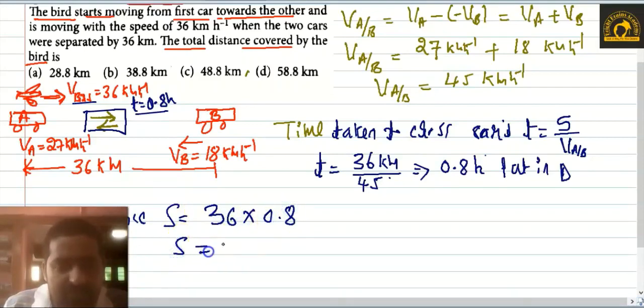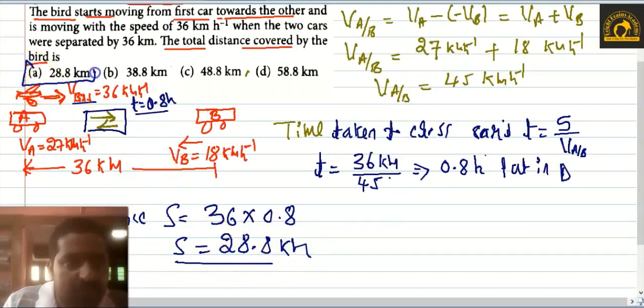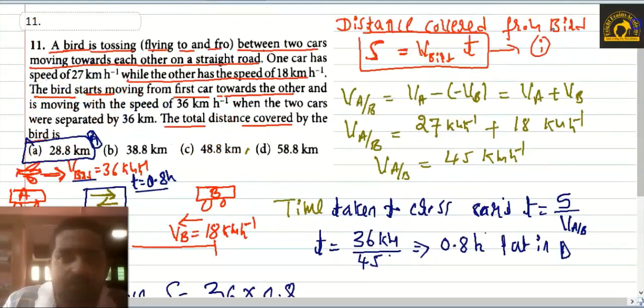So 36 into 0.8 is equal to 28.8 kilometers. So that is the answer. Option A is the correct answer for question number 11.